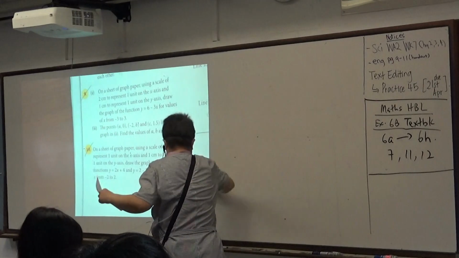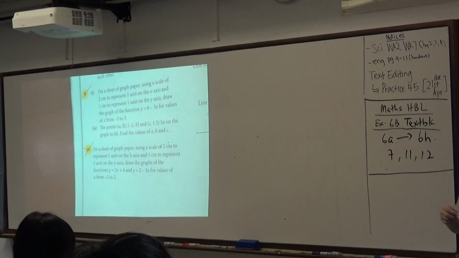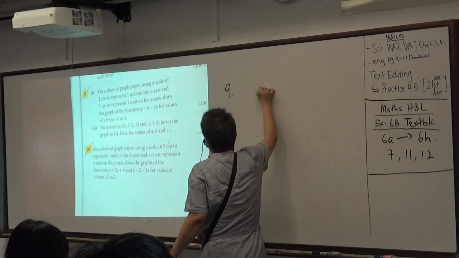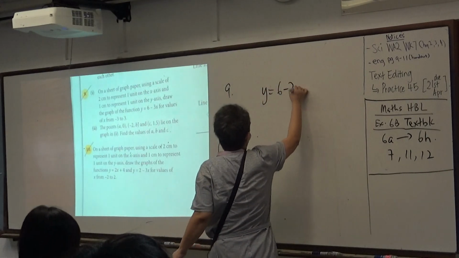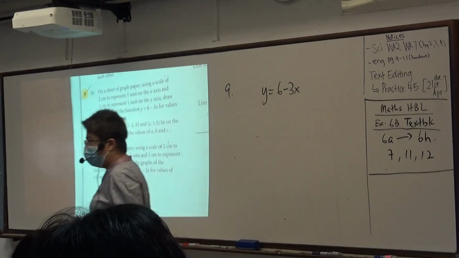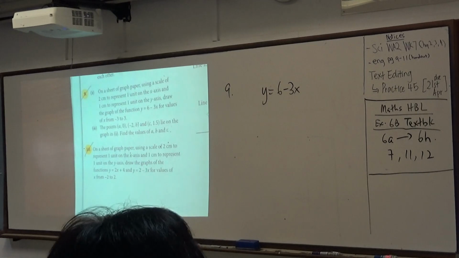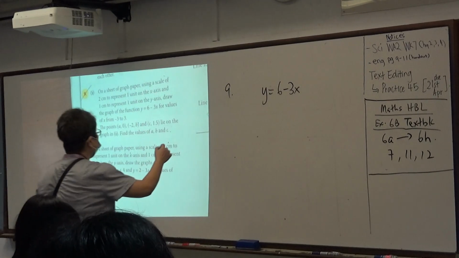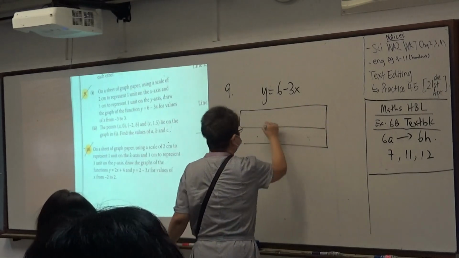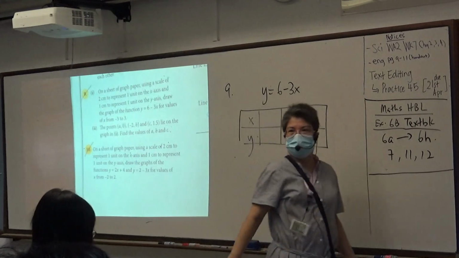At the back of your graph paper, can you write the equation down first? Question 9. y equals 6 minus 3x. Can all of you write that? Then I want you to draw a table with 3 columns like that.